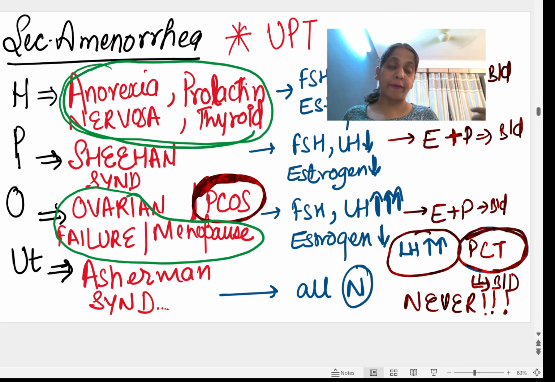And if the patient has undergone menopause, then the patient will come to us with post-menopausal bleeding. I forgot to tell you that a CA cervix patient also presents with post-coital bleeding, because the cervix is hyperdividing, it bleeds when intercourse is there.